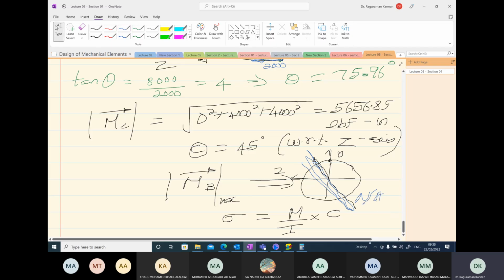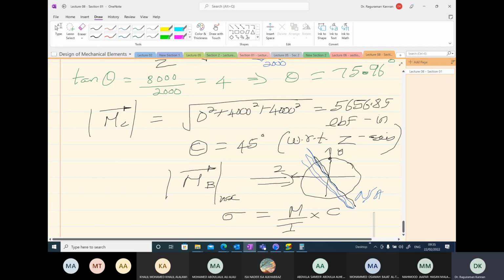And even with respect to the neutral axis, a circle is always a circle. With respect to y, z, or the neutral axis, it's still a circle. So my I value will not change in the case of a circular cross section. Whatever direction I go, my I will have the same formula. It does not change. So I can use the resultant bending moment value to calculate the stress here.